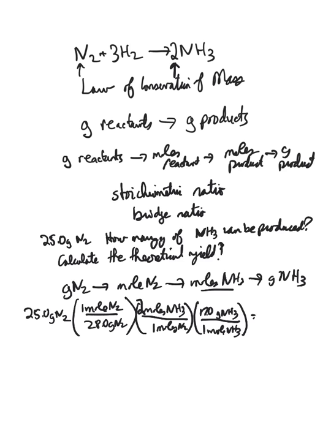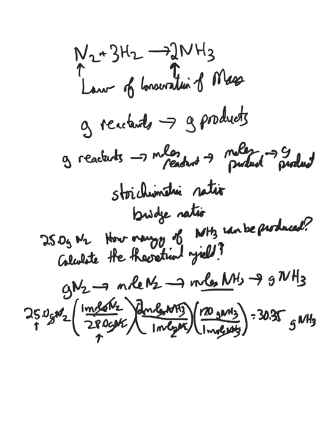And so grams nitrogen divided by grams nitrogen cancels. Moles nitrogen divided by moles nitrogen cancels. Moles ammonia divided by moles ammonia cancels. And I'm left with grams of ammonia, which is my desired unit. And if I do that on my calculator, I'll see that I produce 30.35 grams of ammonia. I've got 3 sig figs.